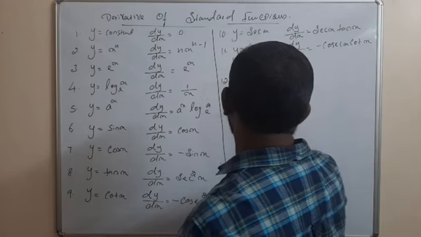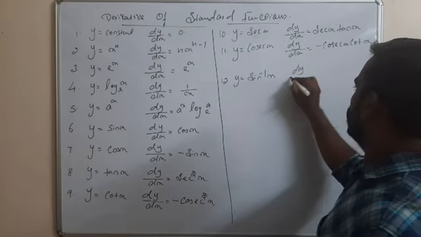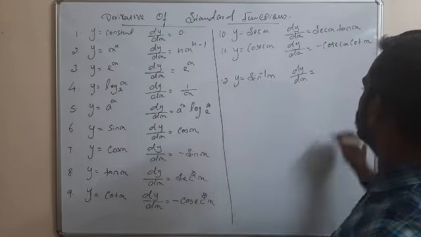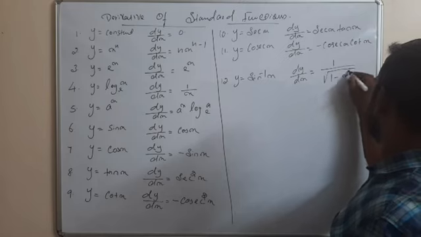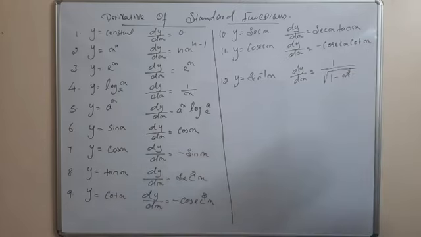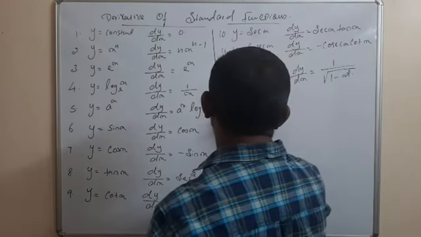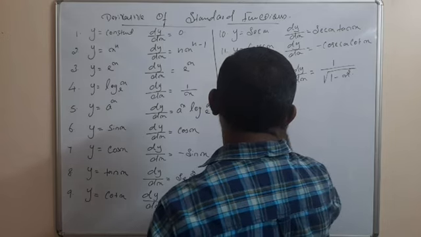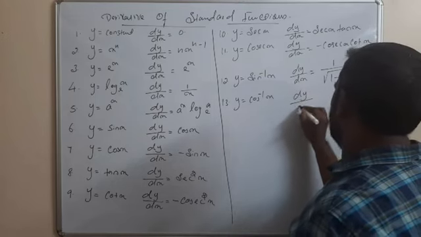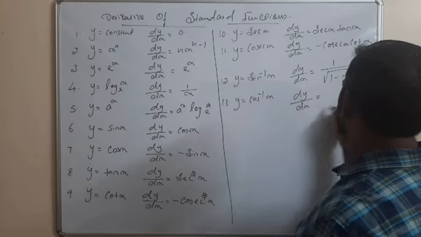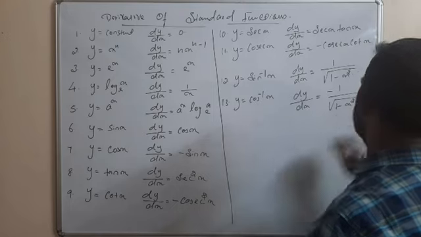Y is equal to sin inverse x. dy by dx equal to 1 divided by root of 1 minus x square. Y is equal to cos inverse x. dy by dx equal to minus 1 divided by root of 1 minus x square.